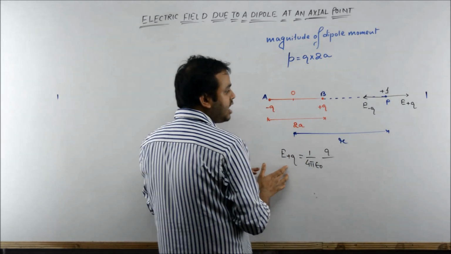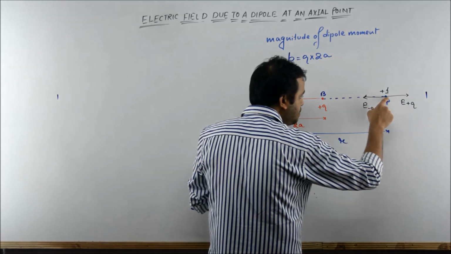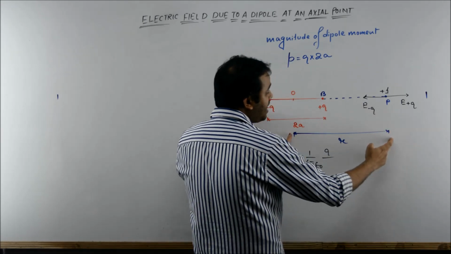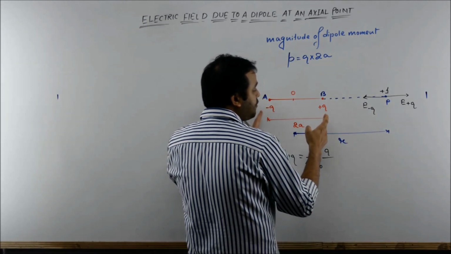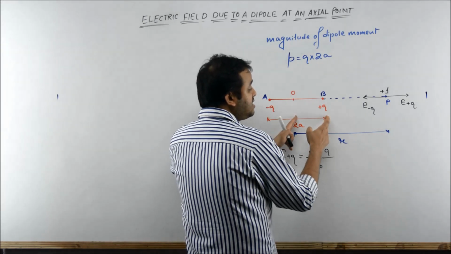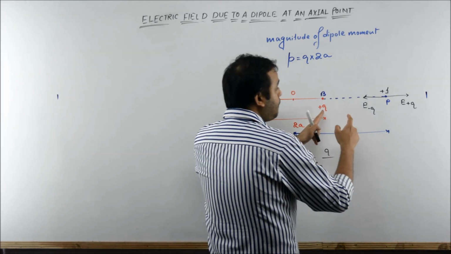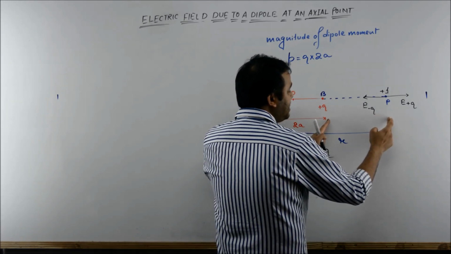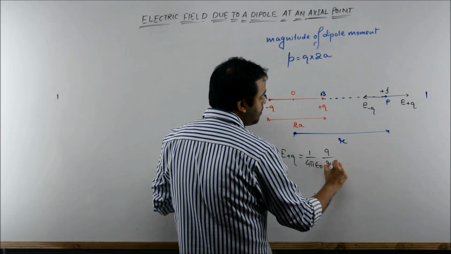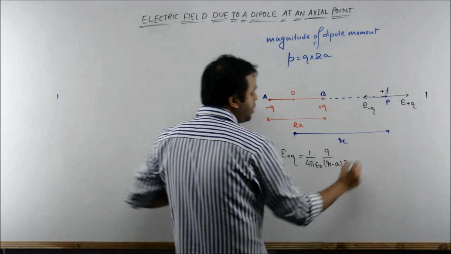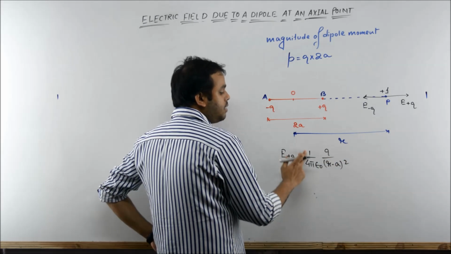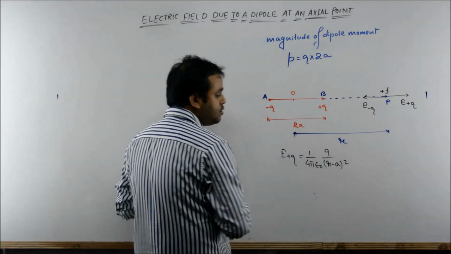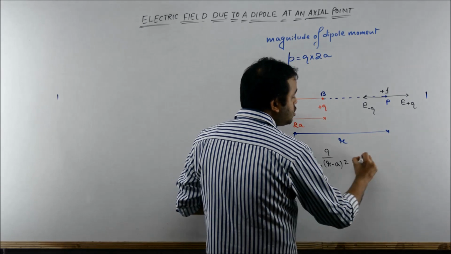If the separation between the charges is 2a, then the distance from the midpoint to B has to be a. So from B to P, the distance is r minus a. So it's 1 by 4 pi epsilon naught, q by (r minus a) square. Clear students? And the direction is towards right.